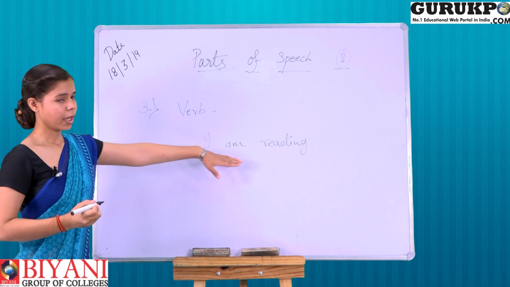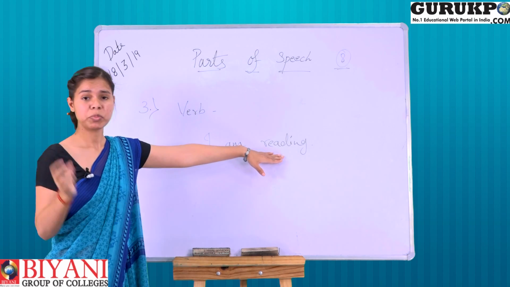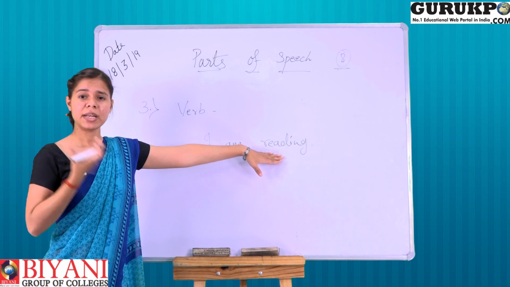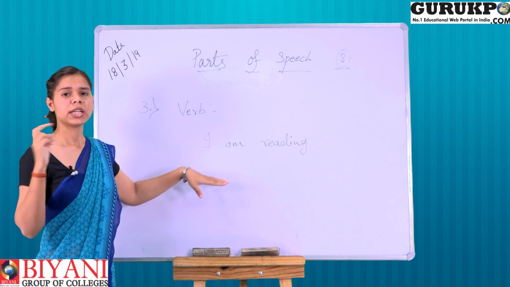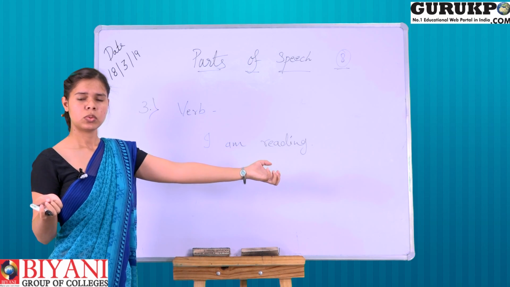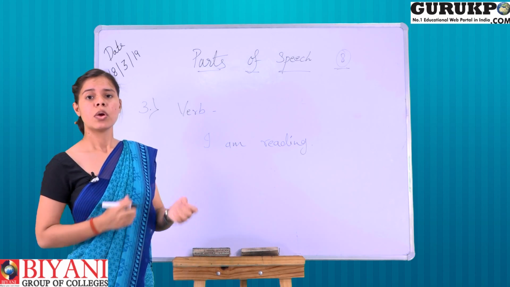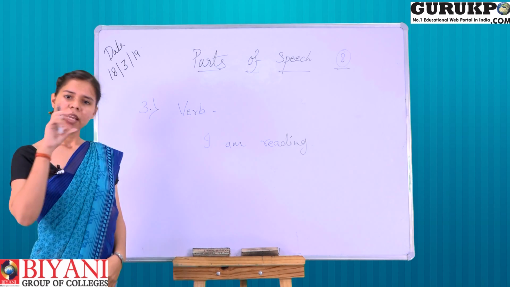Here, what am I doing? I am reading. So I am doing something. I am in action. So this is the verb, right? We can take any other example like she is walking. So she is in action. She is walking. So that is the verb, right? Verb is any action word.